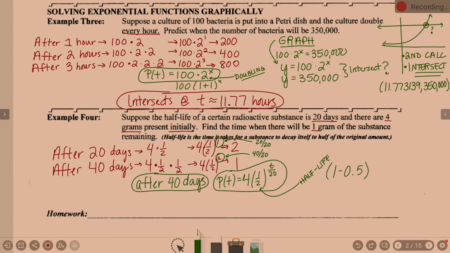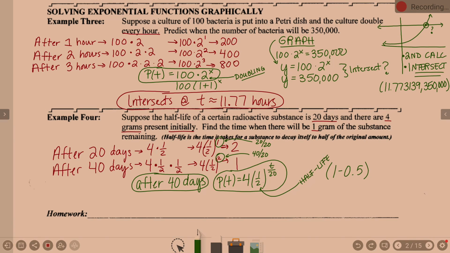So if you take away 50% of something, your R value is 50%, or 0.5. So the 2 and the 1/2: it's easy to say, oh, doubling, I know it's going to be 2, and half-life, it's going to be a half. But there's a reason why it's the 2 and the 1/2.